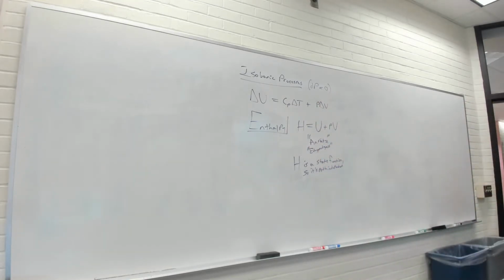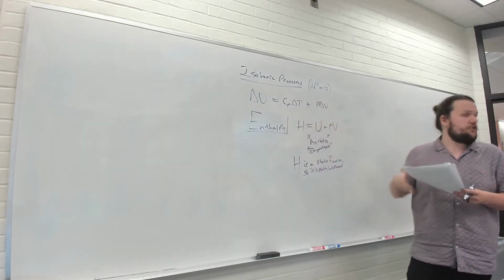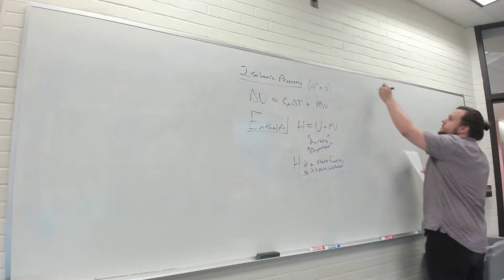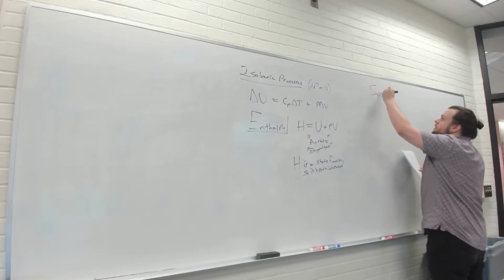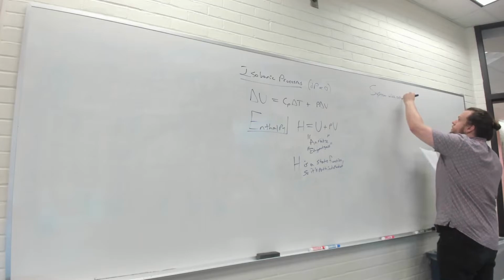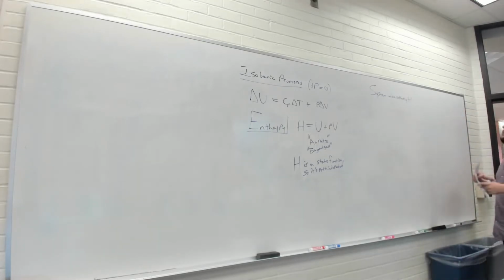So it's nice that we talked a little bit about derivatives and changes because we'll need to use that to be able to figure out what H has to do with energy. And so what I want to do is take a system with enthalpy H, and I want to perturb it.